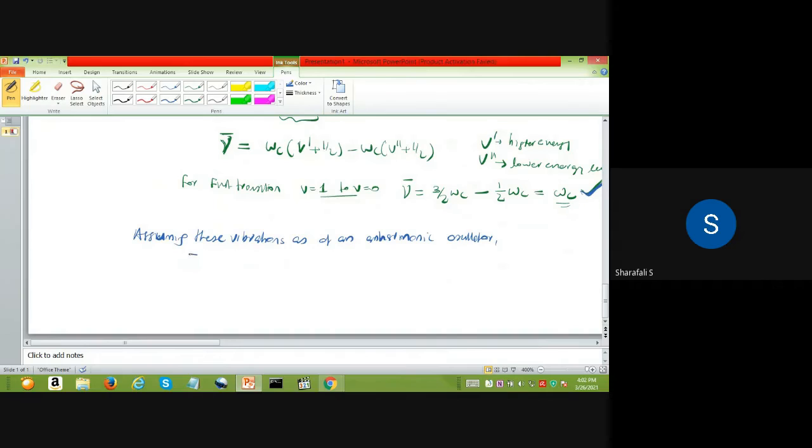The energy E nu will become... These come from quantum mechanics, the energy calculations. We have to consider the Schrodinger equation, apply the potential and other parameters into that Schrodinger equation, and solve for the energy.